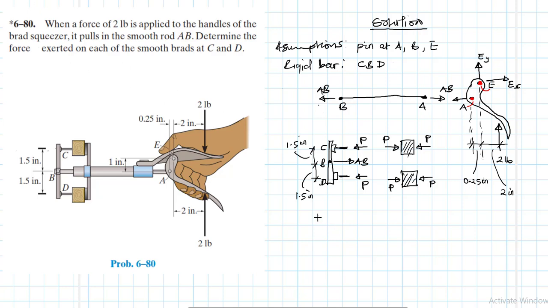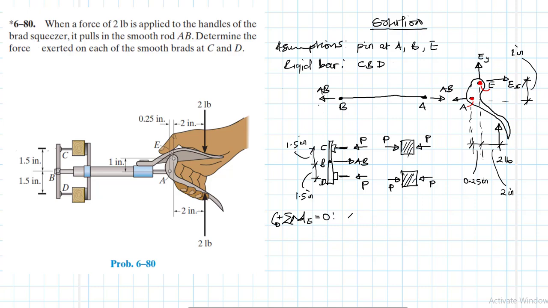All right. So let's take moments quickly. So summation of moments about E equal to 0. Okay, what do we have? This distance here, we didn't show it. From E to A, this one here, this one is 1 inch. All right, so summation of moments about E. So what do we have?